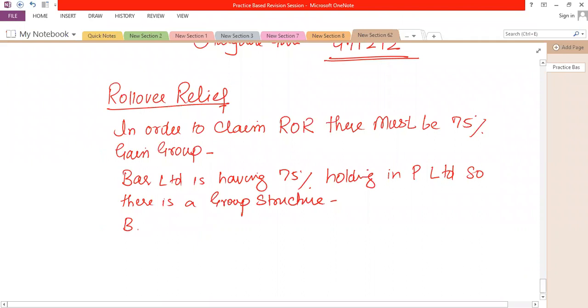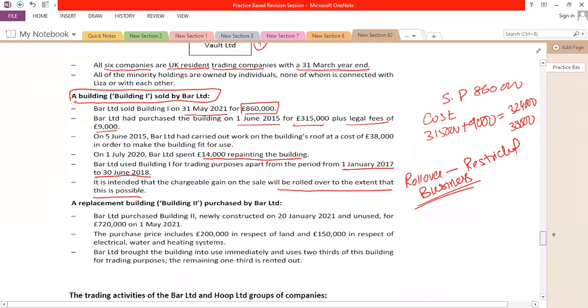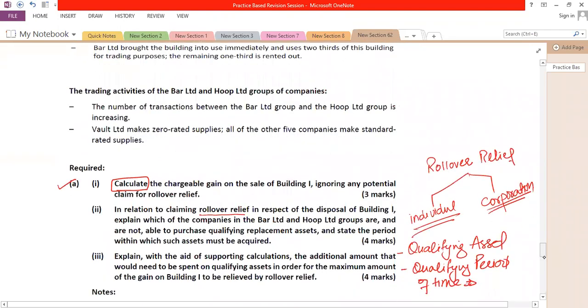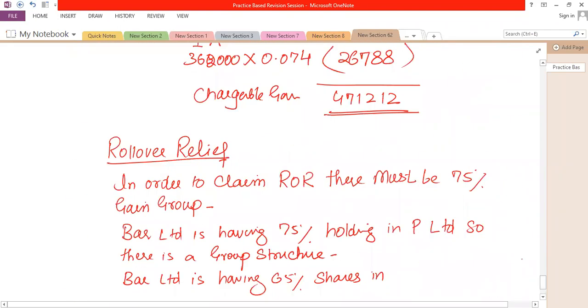But Bar Limited, what is the group, is having 65% shares in what is the company, Ring Limited.